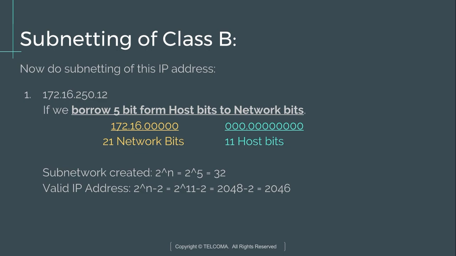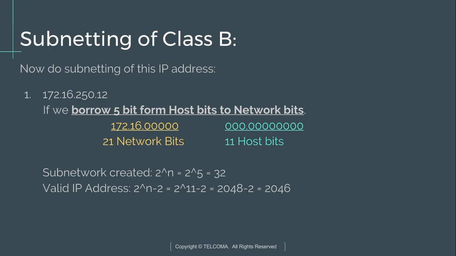Now we will start with the subnetting of this IP address. To do the subnetting, we borrow 5 bits from the host bits to the network bits. So we remain with 21 network bits and are left with 11 host bits. Now we have to calculate how many subnets are created.